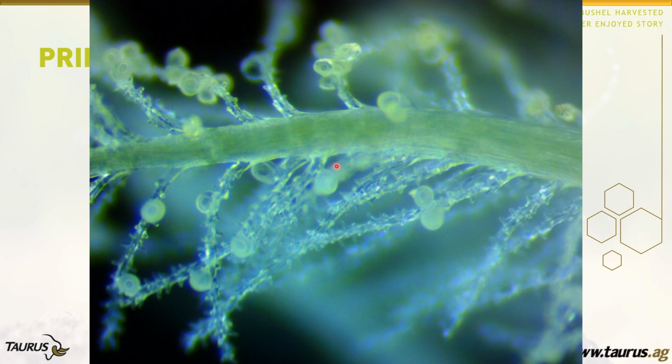And if you look at it, you can see that it's just covered with sugars as well. Same kind of principle holds true for basically the plants that we grow here in Canada that are crops. The pollen has to be hydrated and fed, and the pollen tube grows down to fertilize the ovules.